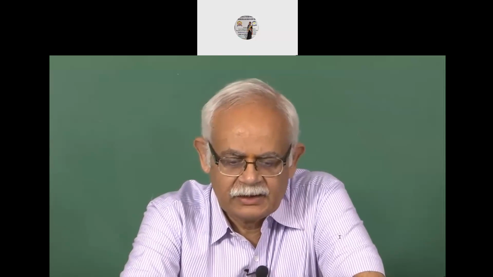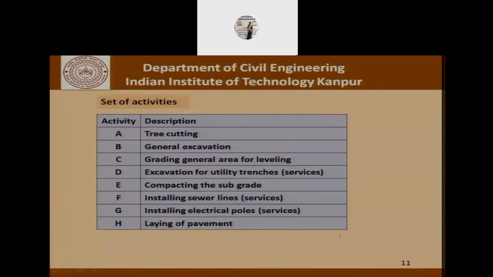As far as a set of activities is concerned, let's say there are 8 of these activities: tree cutting, general excavation, grading general areas for leveling, excavation for utility trenches, which is services, compacting the subgrade, installing sewer lines, which is services again, installing electric poles, which again is services, and finally laying the pavement.